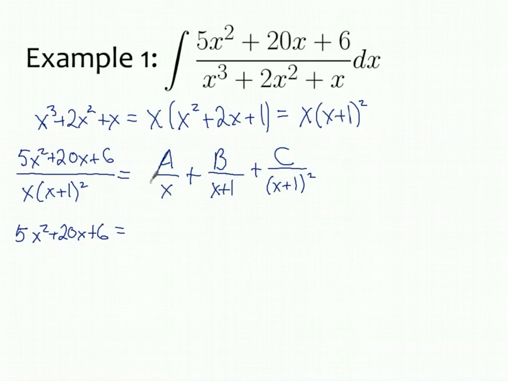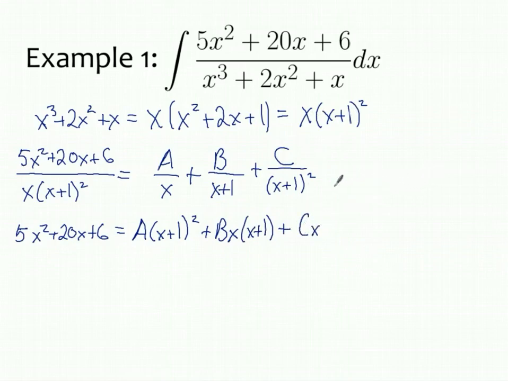So the x cancels here, and this is going to be A times (x plus 1) squared plus B times x times (x plus 1) plus C times x.